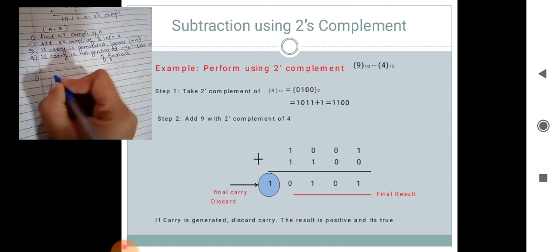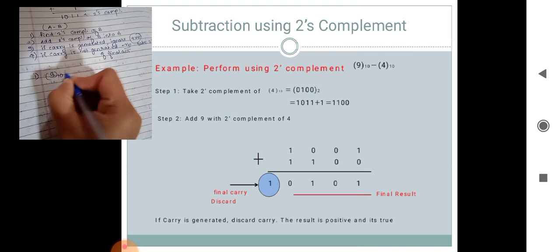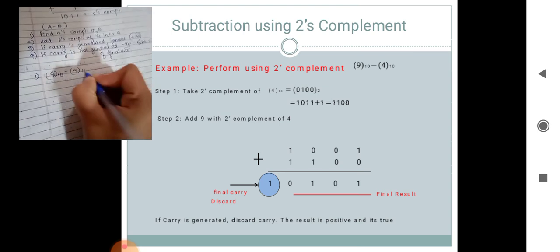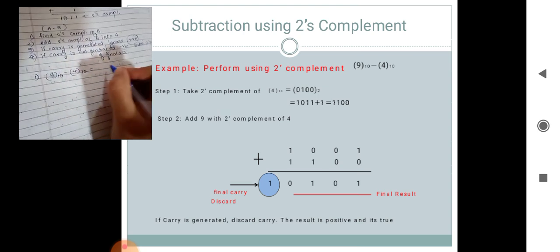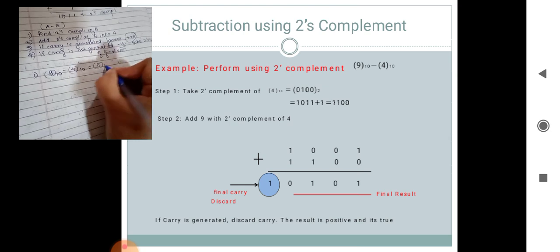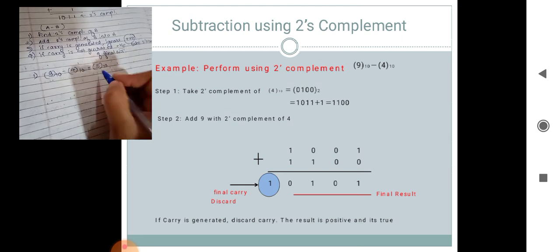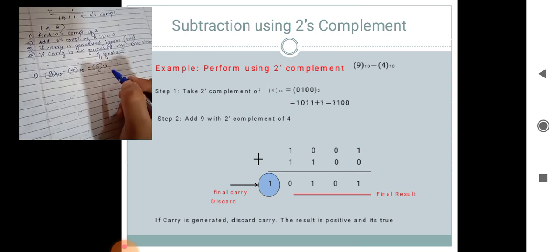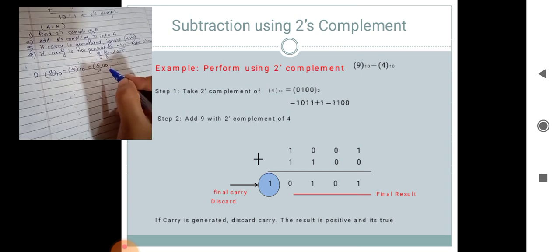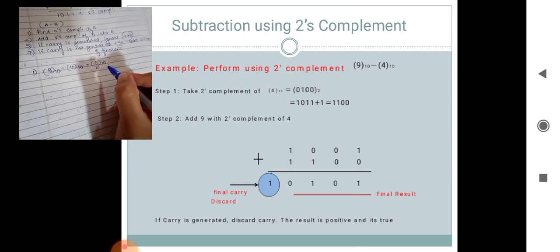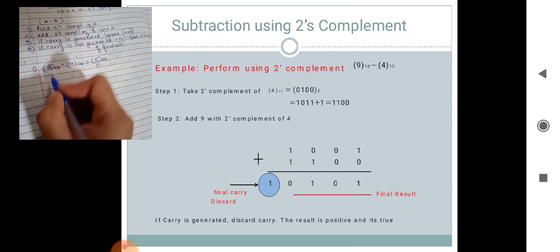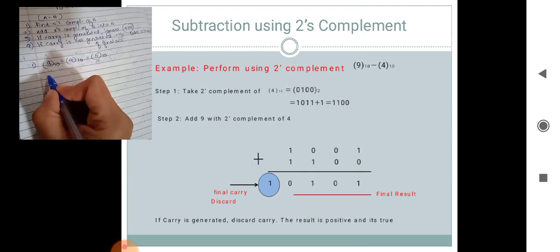First example we'll see is 9 minus 4. The result should be 5 in decimal, and we'll prove this result, that is 5 in decimal, with the help of binary subtraction using 2's complement. So first we have to convert these numbers into 4-bit binary.